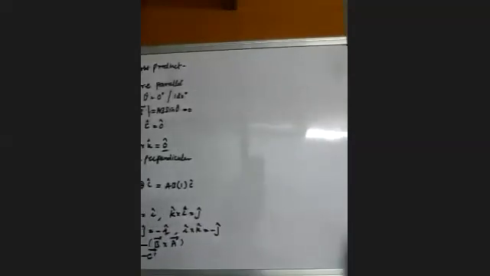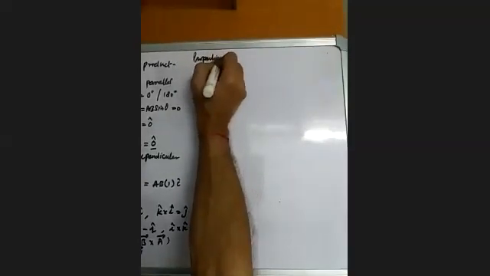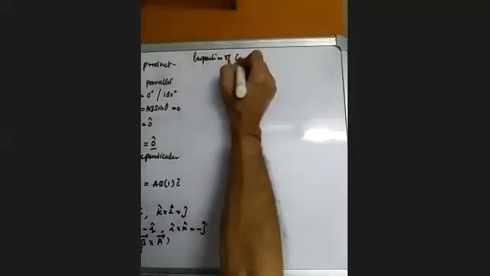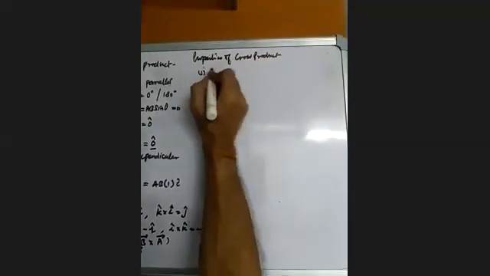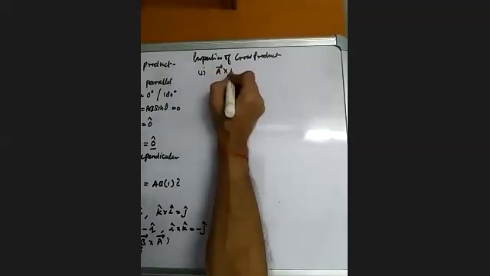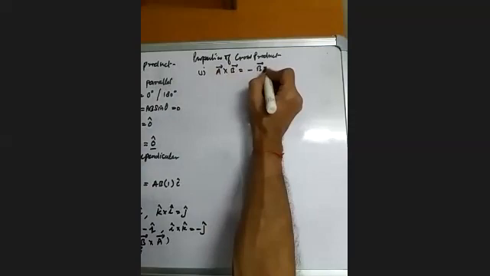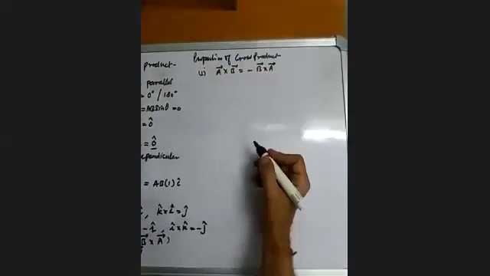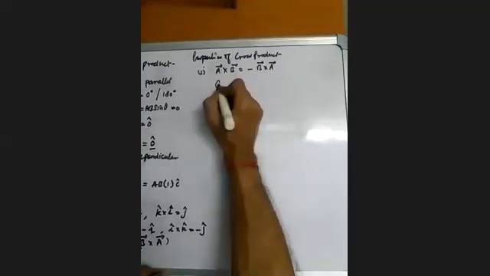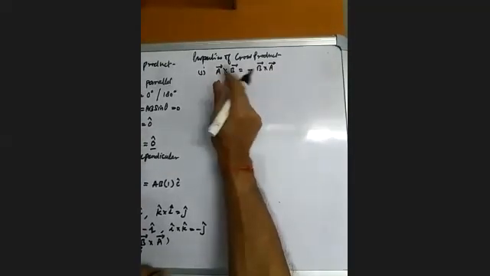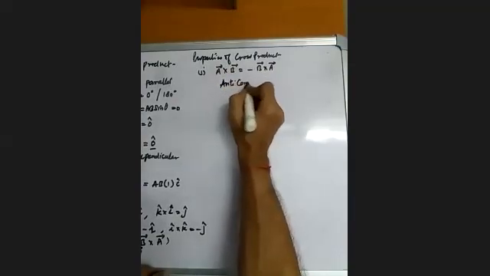So properties of cross product. So one, as we have already discussed, A vector cross B vector is equal to minus B vector cross A vector. So it is anti-commutative. So one of these properties is called anti-commutative.